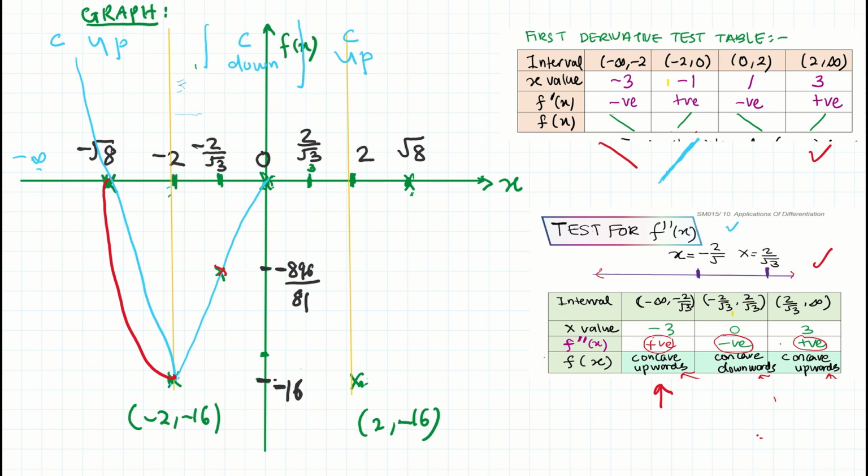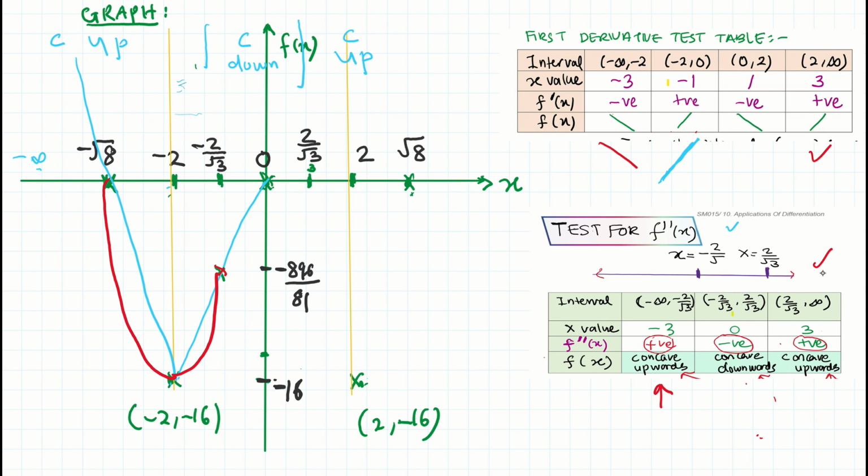So the graph is increasing. How to draw the shape of the graph that is increasing and concave upward? The shape is like this. From negative 2 over 3 until 0, the function is increasing and the concavity is concave downward.